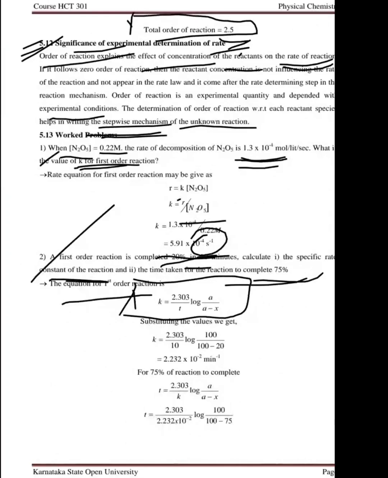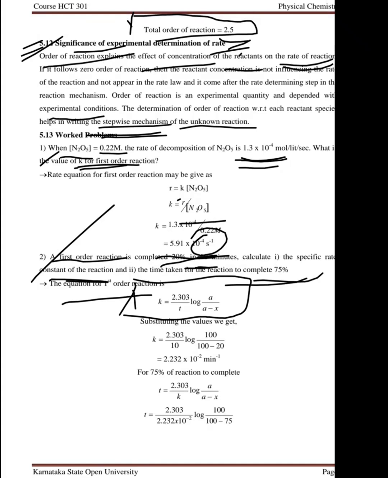In the question they have asked about a first order reaction, so we are taking this equation. Substituting the values, 2.303, and t is in minutes.